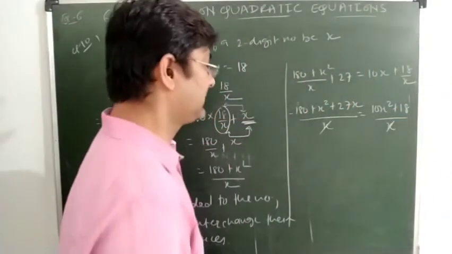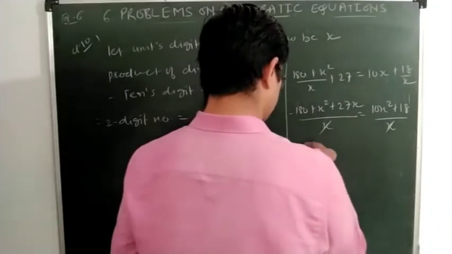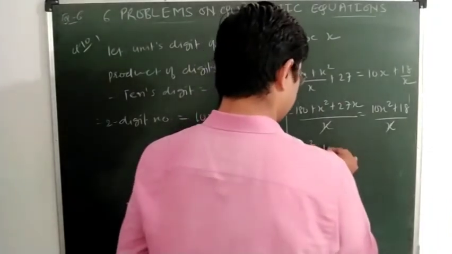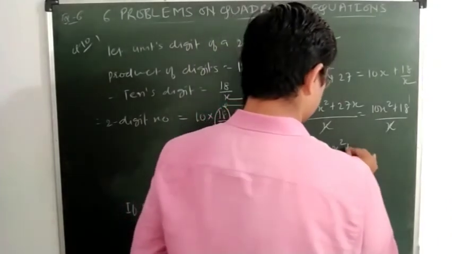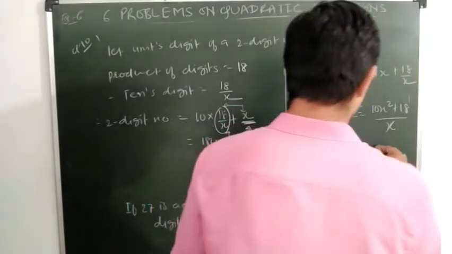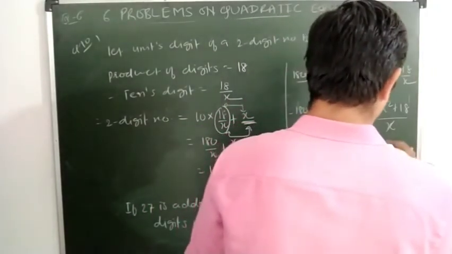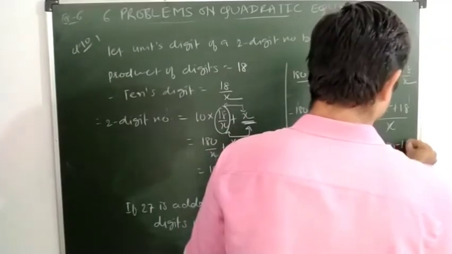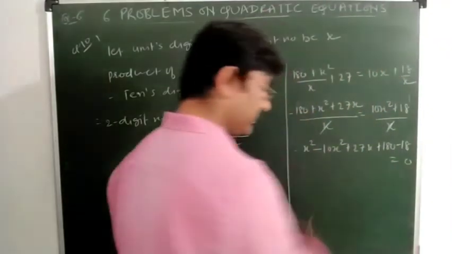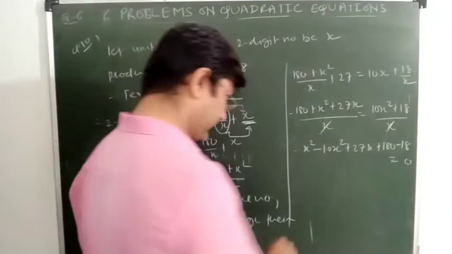We can cancel this x. Therefore x square minus 10x square plus 27x plus 180 minus 18 is equal to 0. We have transposed all the numbers to the left.